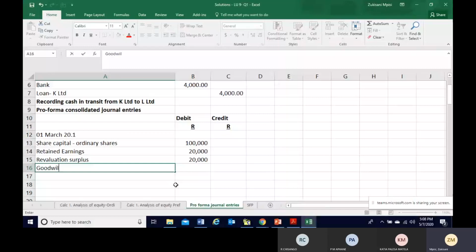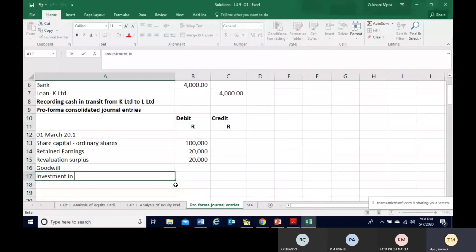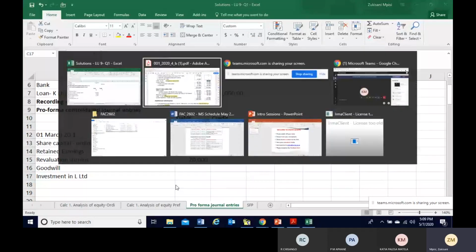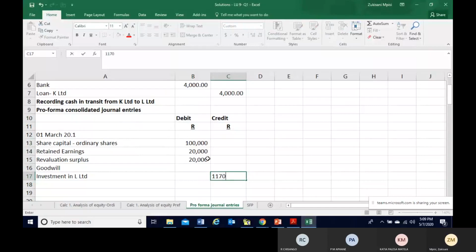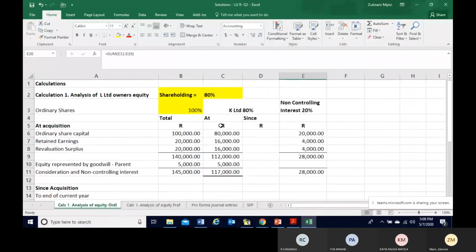We had a goodwill that we calculated of 5,000. If you can look quickly in your analysis of equity, we had investment in LLTD, the cost price was 117,000. We had non-controlling interest calculated, here it was 28,000.